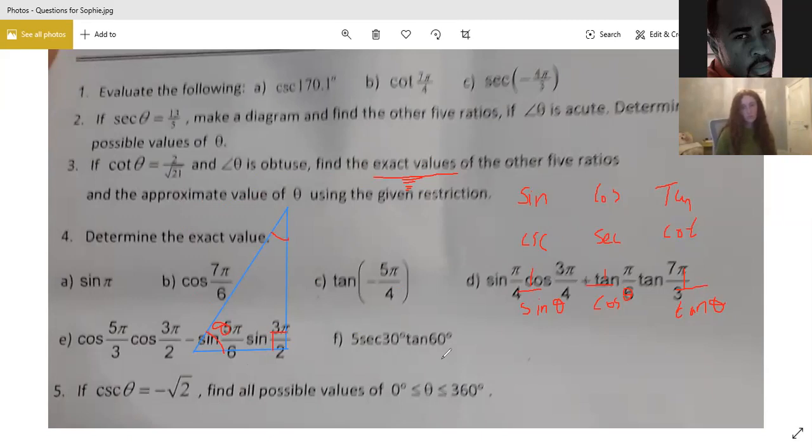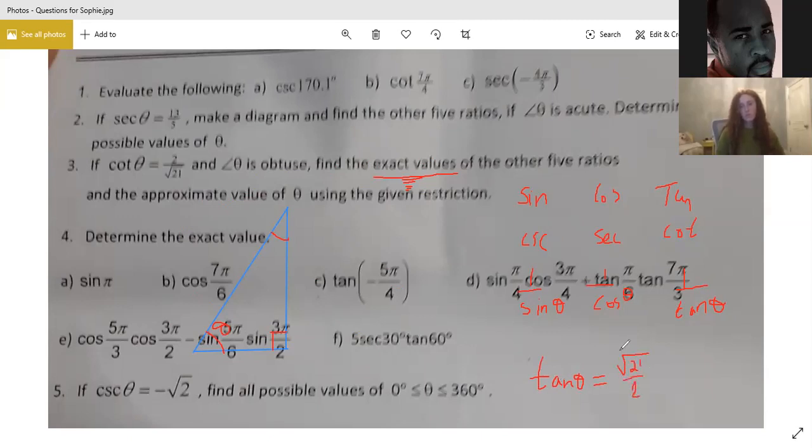So start from there. Tan of theta is equal to root 21 over 2. That is perfectly correct. Now use that to fill in your triangle, and then you can get it from there.